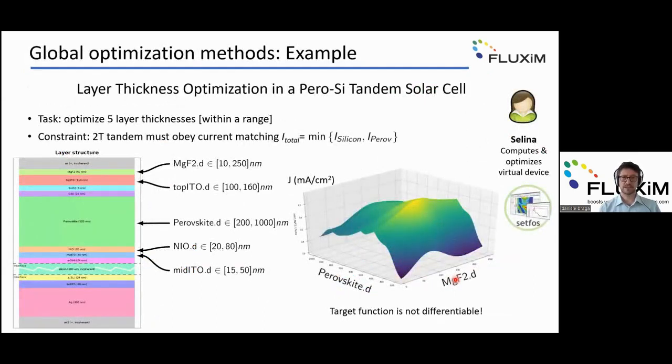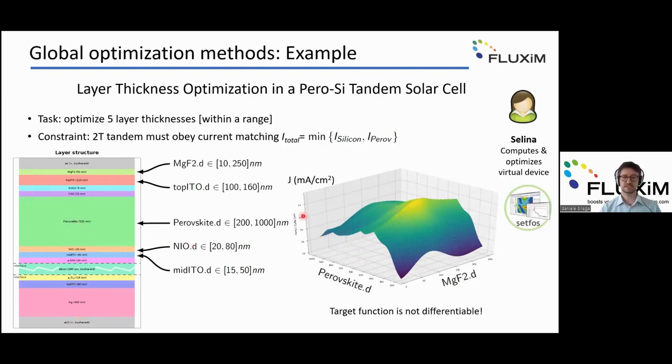Now, another example in which, on the other side, we are using the global optimization method is when we need to study a perovskite-silicon tandem solar cell, in which we have a constraint. The current that is flowing through the two subcells needs to be the same.